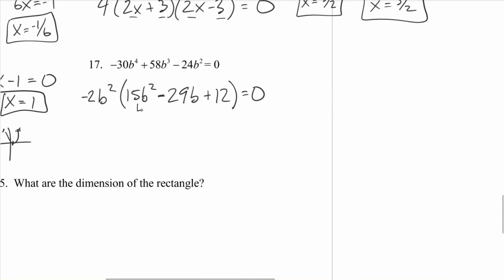Same idea here. 15 and 12. Well, 15 times 10 would be 150. 15 times 2 is 30, so that would be 180. So I need factors of 180 that are going to add together to make negative 29. 15 times 12 makes 180, right?